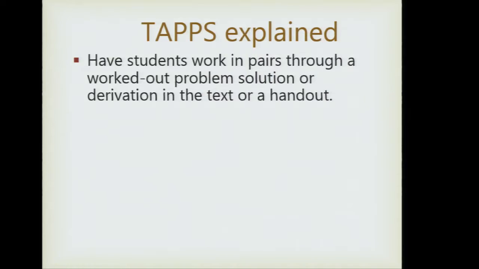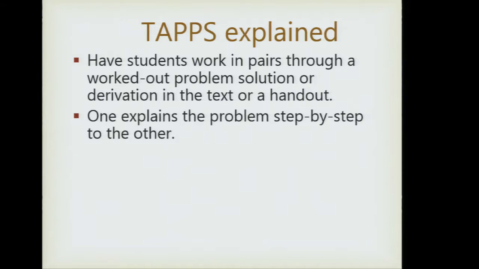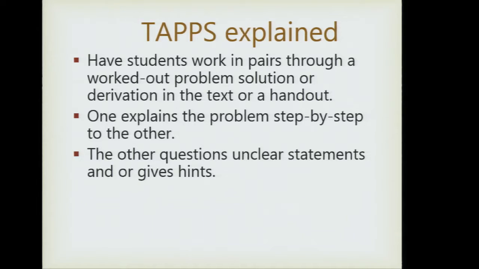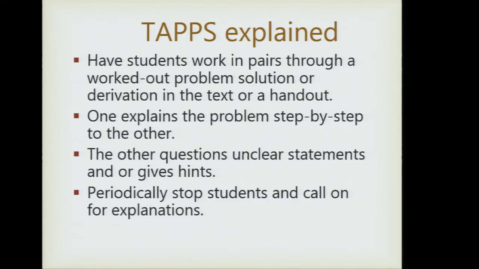So basically in this technique, you just have the students work in pairs through a worked out problem solution or a derivation. You can have some parts that are left unfilled out, and one student will explain to the other student, and the other one is supposed to question unclear statements or give hints, and then you periodically stop the students and call for explanations.